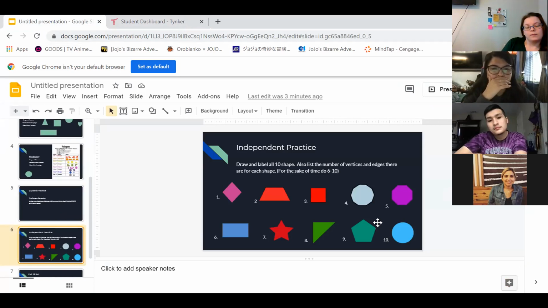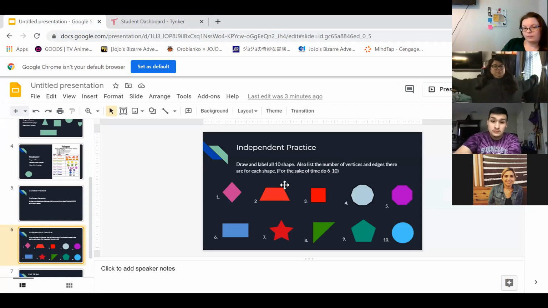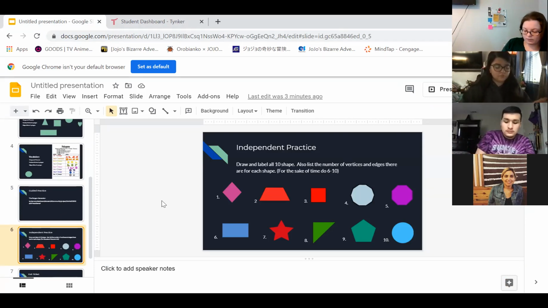independent practice. You're going to draw and label all 10 shapes, and you would also list the vertices and edges there are for each shape. But for the sake of time, you guys are going to do 6 through 10, just that bottom row.